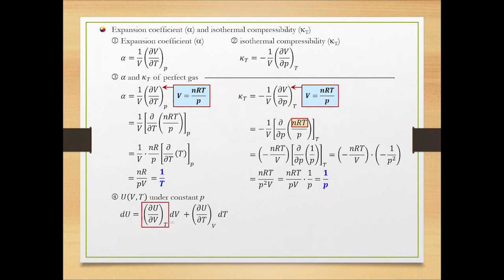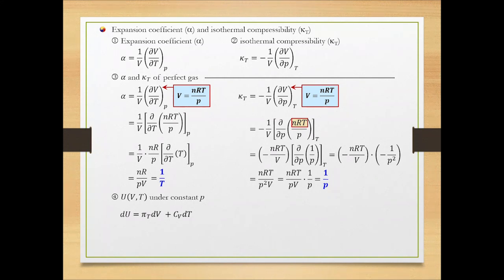The first partial derivative of U with respect to V at constant T is the internal pressure, which is denoted by pi T. The first partial derivative of U with respect to T at constant V is the heat capacity at constant V, which is denoted by CV. Consequently, the differential of internal energy can be written as pi T dV plus CV dT.